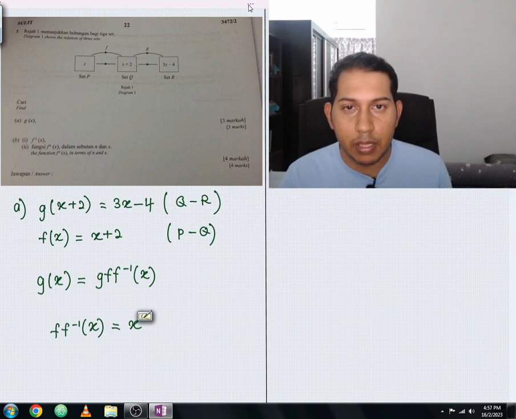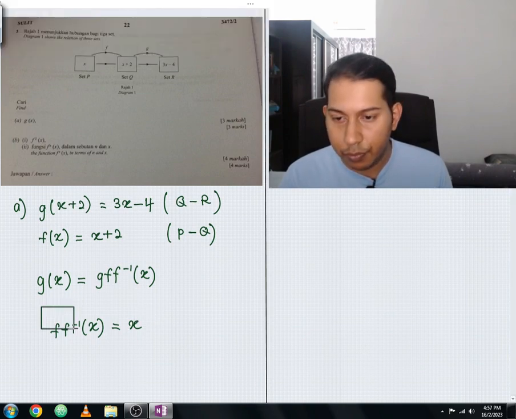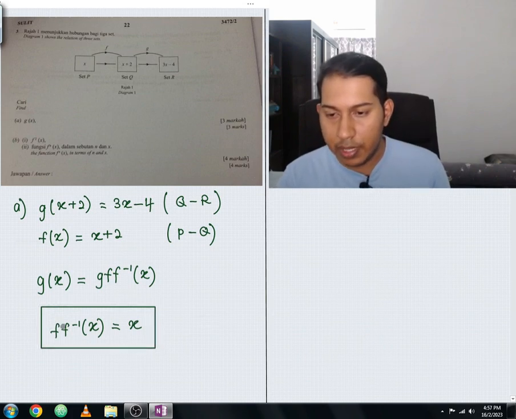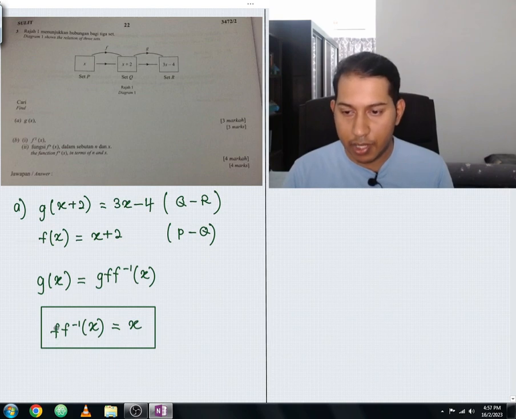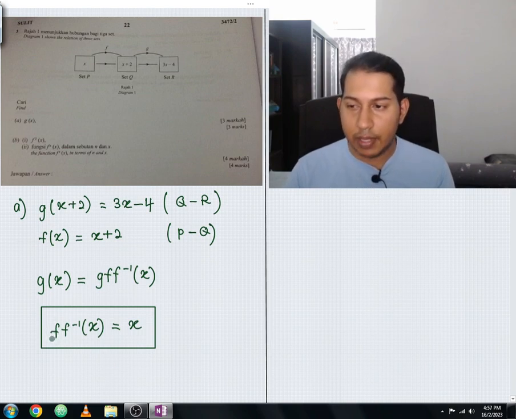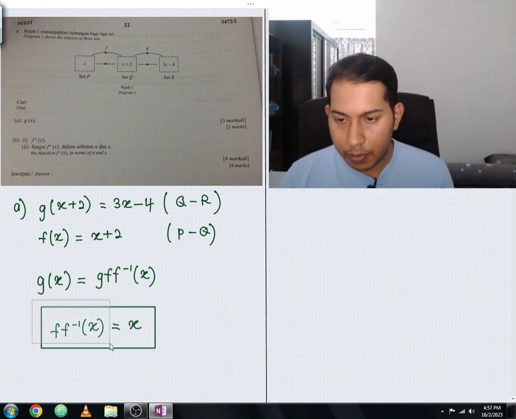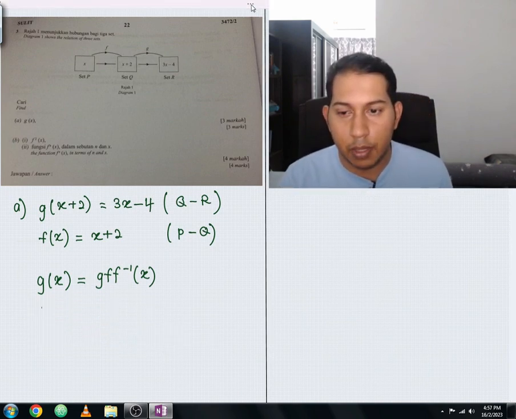Let me box this so that you can take note. So f times f inverse x equals x. This is the composite function relation: when an original function is composed with its own inverse, you get back the original object. Let me box that.